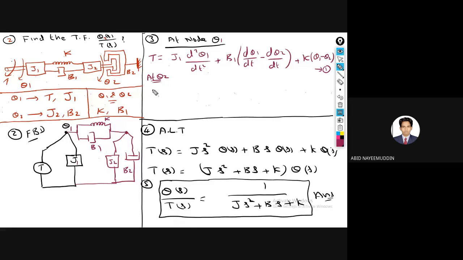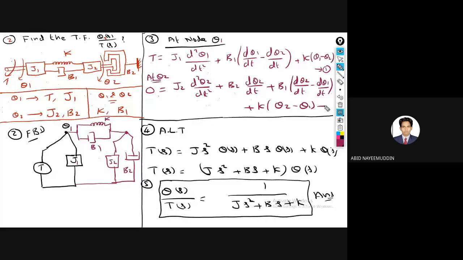J2 into d square theta 2 by dt square, plus B2 into d theta 2 by dt, plus one element, that is B1, this time into d theta 2 by dt minus d theta 1 by dt, plus K into theta 2 minus theta 1. Equation 2.